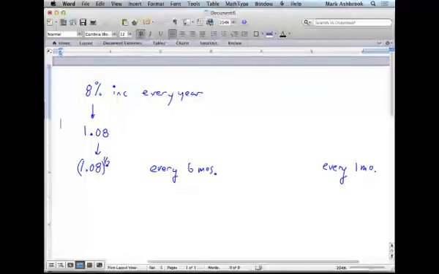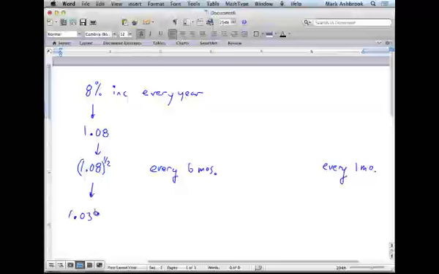And then, are we still sticking with this 6 month? No, we want the percent change every 6 months. When you do the 1.08 to the half, you get 1.04. Cool. Let's go out a little further than that. 3.9.